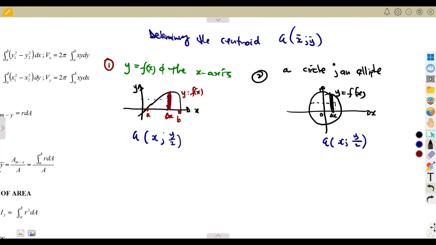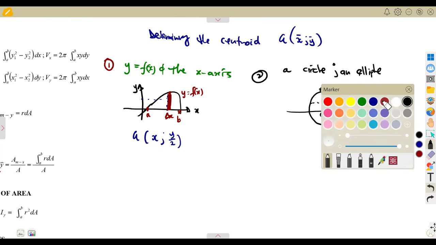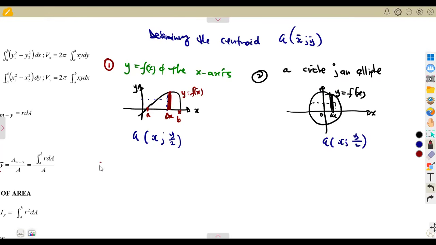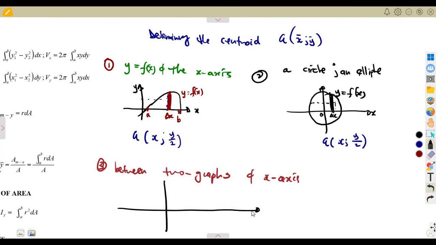But let's say we have got two functions this time. Another condition can be when you're given between two graphs, still on the x-axis. So given two functions in this case, which is two curves, and considering the x-axis, we have got something of this nature.